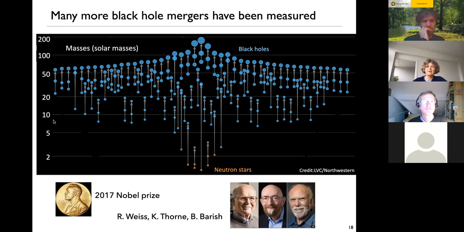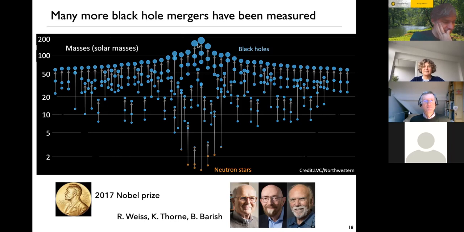And you can see they range all the way from just a few solar masses to over 100 solar masses. So quite a variety of different types of black holes, which is a big step because it's the first time we see all of these merging black holes in the universe. And we learned that actually every few minutes, there is a black hole merger in the universe.